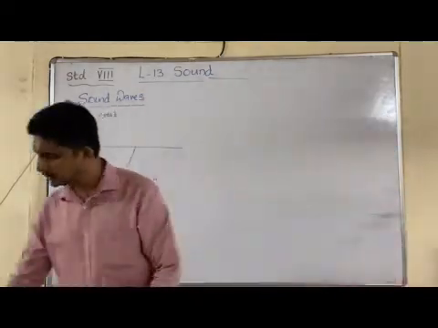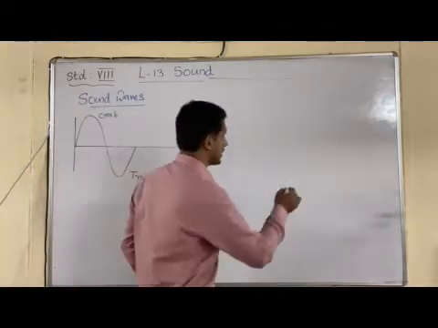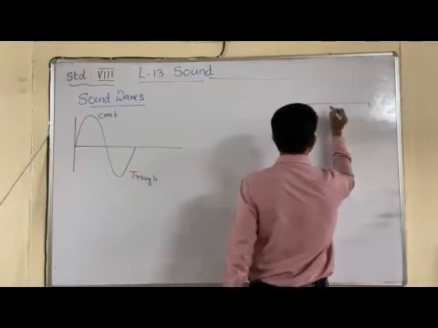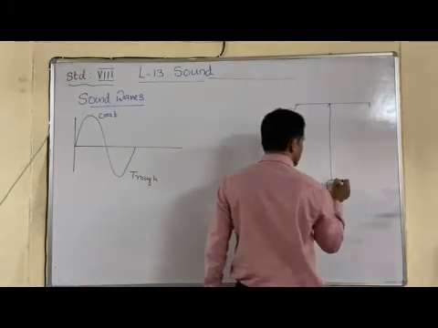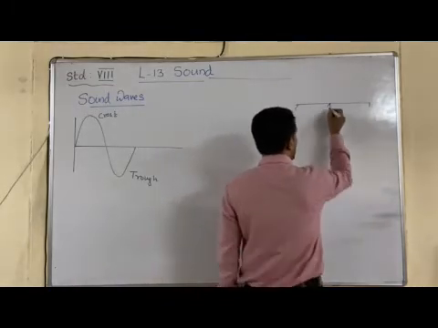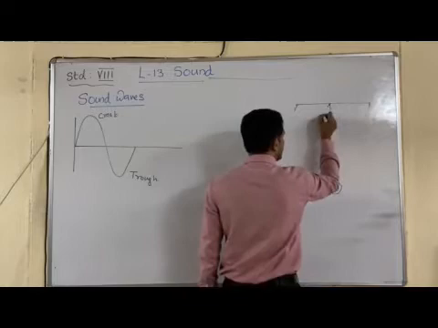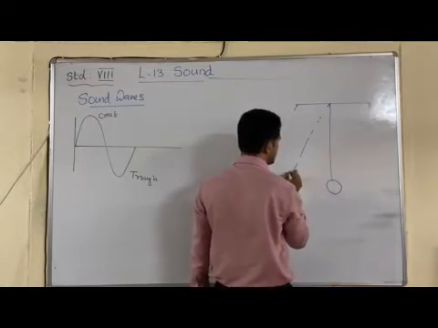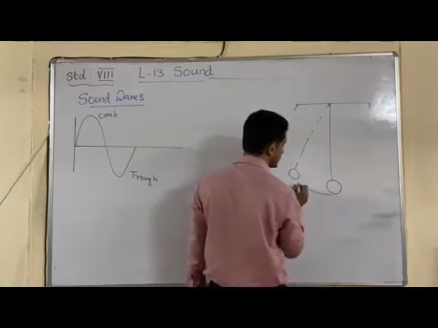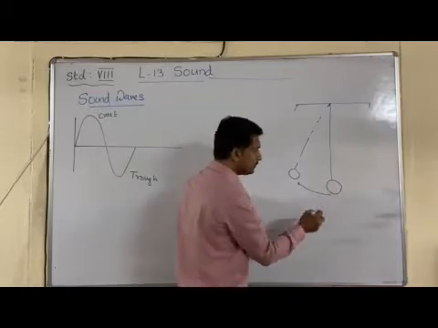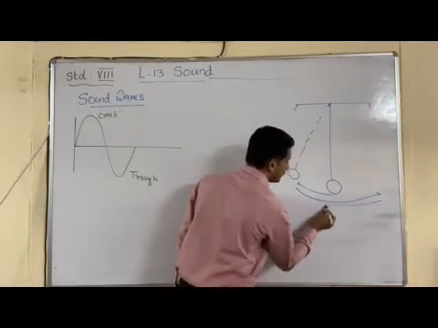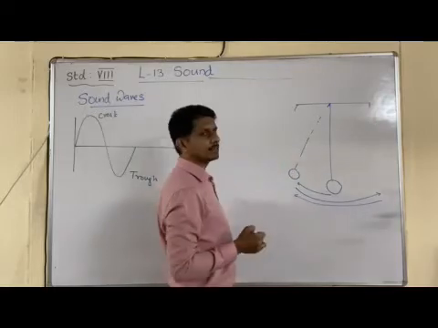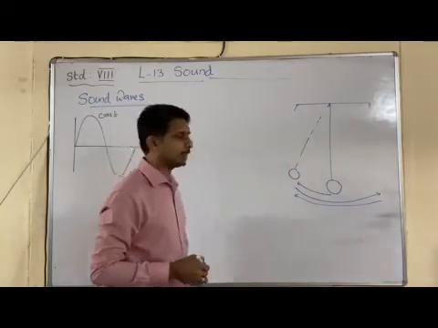I can represent that situation with the help of a diagram also. This is the way we represent our pendulum. The pendulum is taken to one side, and I release it. Of course it goes to the other side, again coming back to this position. So we can say that is one complete oscillation.